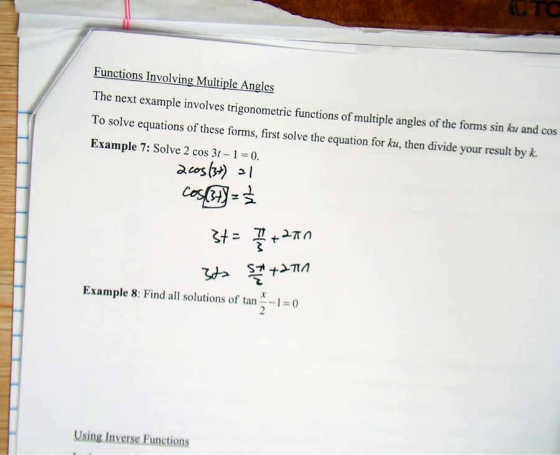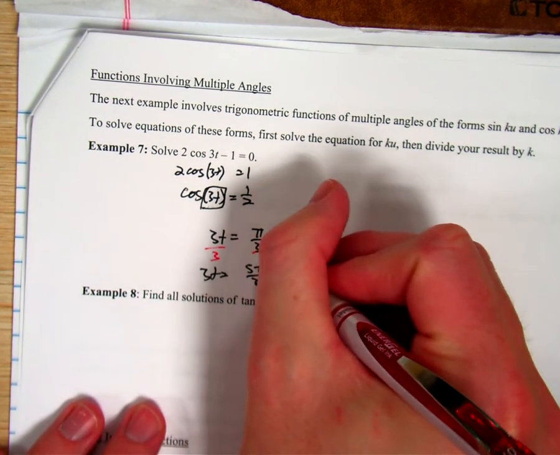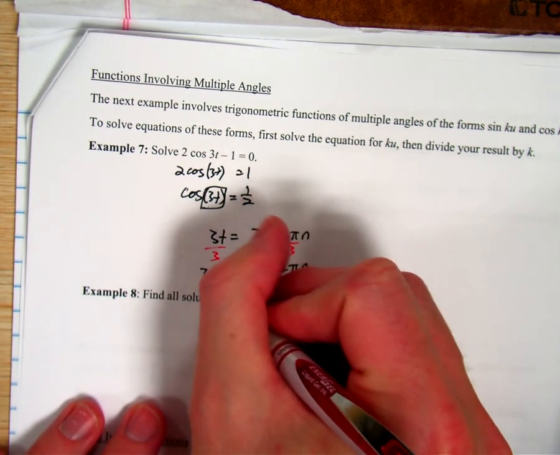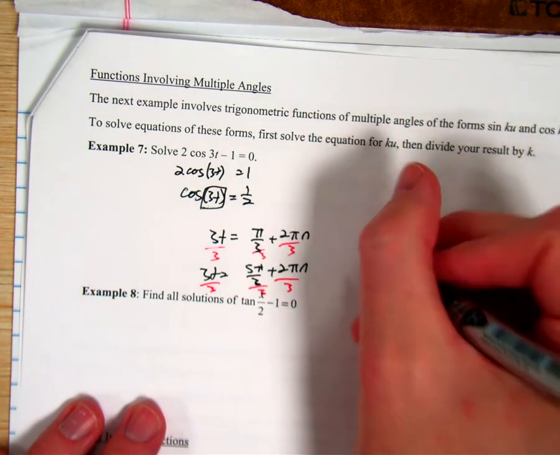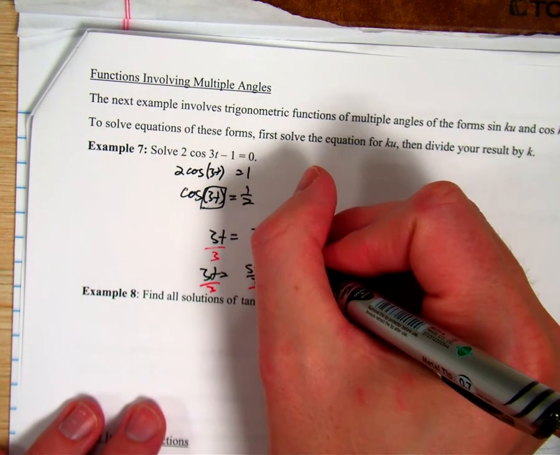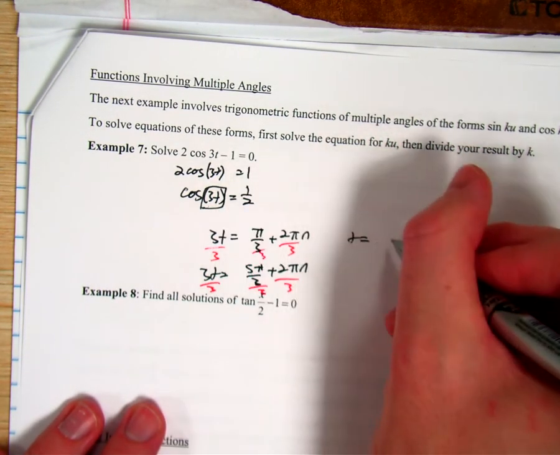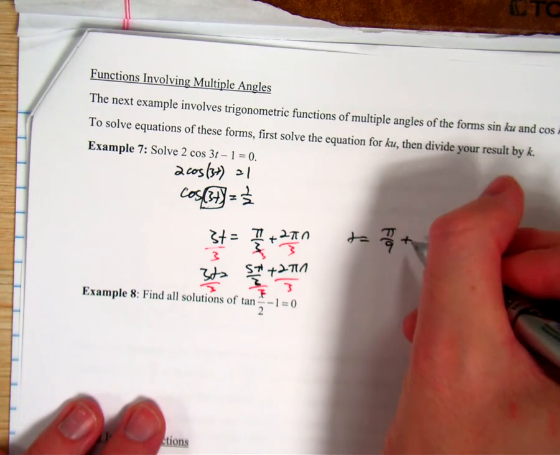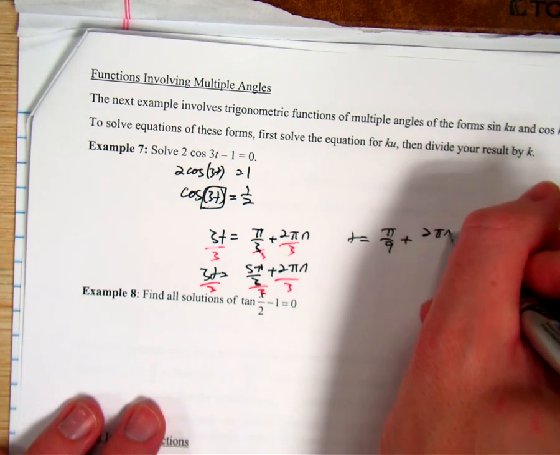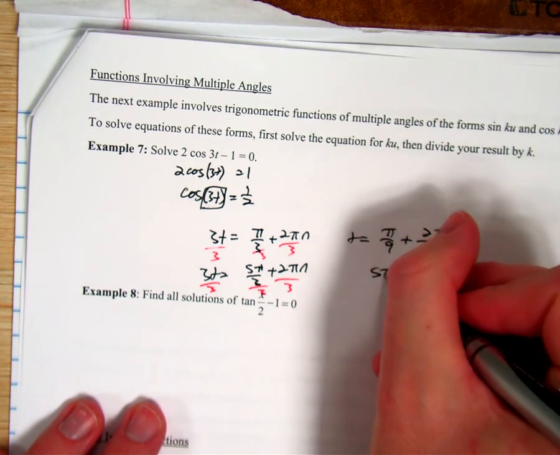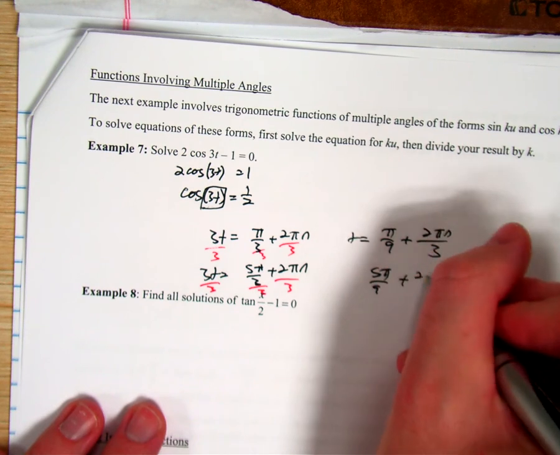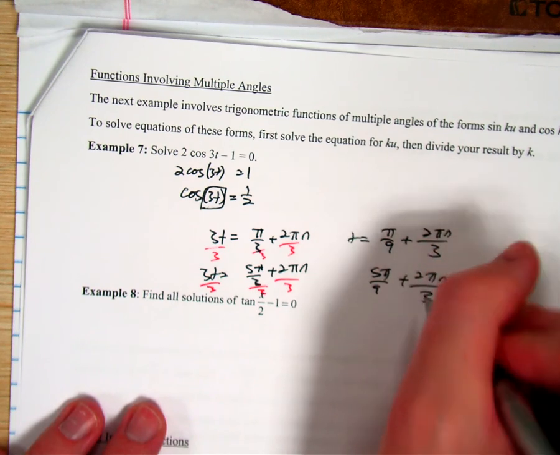All right, and we're going to have to divide everything by 3. So that's going to give us t equals pi over 9 plus 2 pi n over 3 and 5 pi over 9 plus 2 pi n over 3.